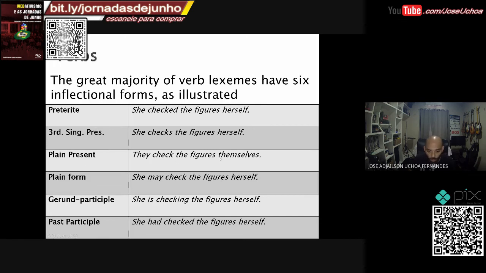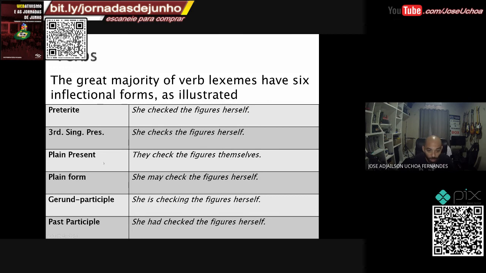"They check the figures themselves." We have the plain form when we have a modal verb, like "she may check the figures herself." Look, check and check. But one is the plain present, and the second one is the plain form.